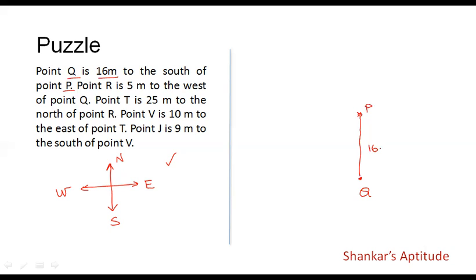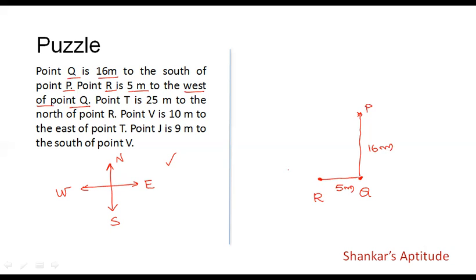The distance corresponds to 16 meters. Now, point R is 5 meters to the west of point Q. So if point Q is located here, west of point Q means it will be over here in this direction. Here point R will be located. The distance corresponds to 5 meters.